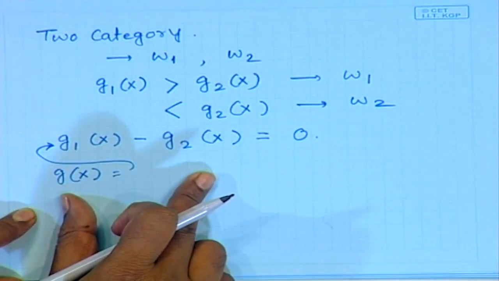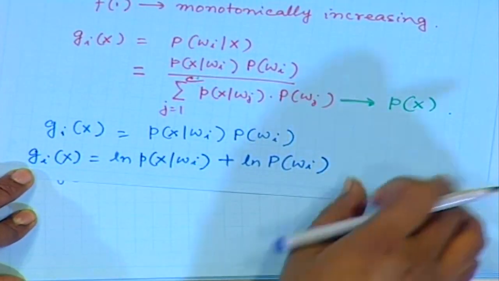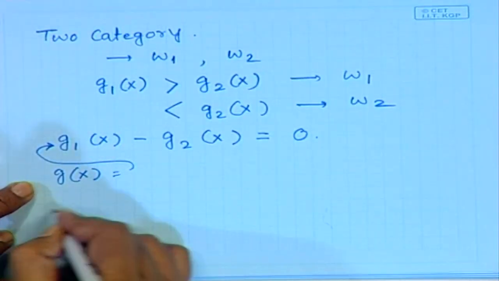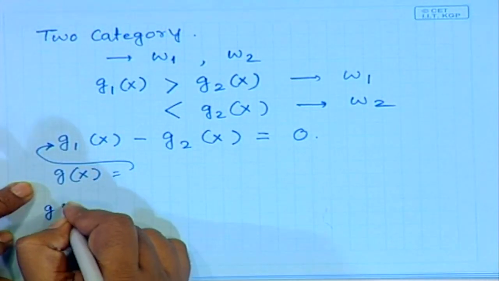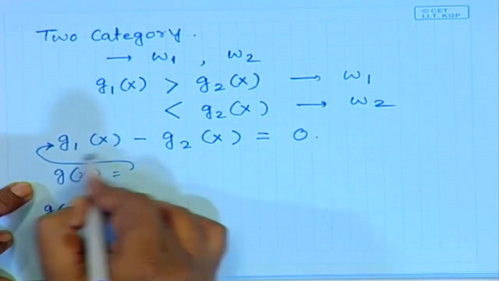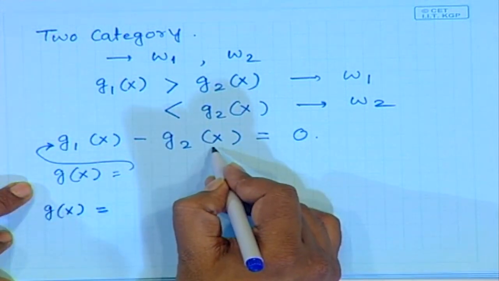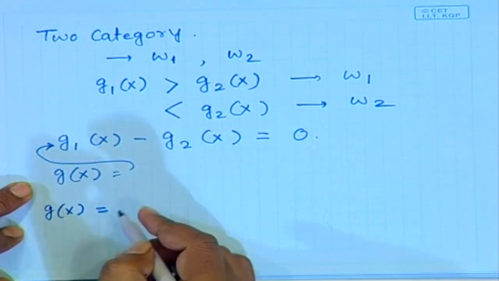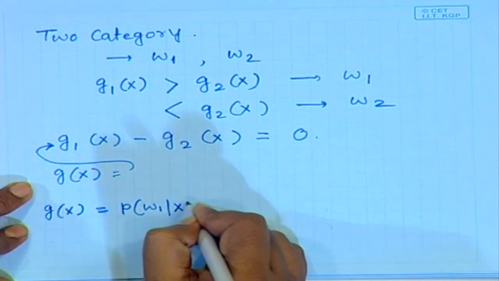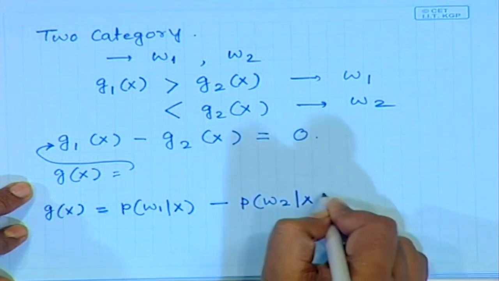By applying the same concept of logarithm, this discriminant function can be written as follows. If I use g1(x) to be p of omega 1 given x and g2(x) to be p of omega 2 given x, then g(x) becomes p of omega 1 given x minus p of omega 2 given x.